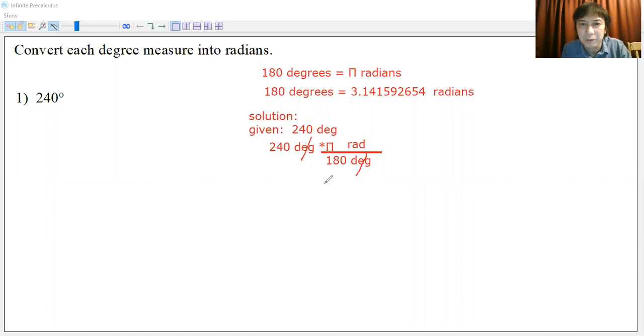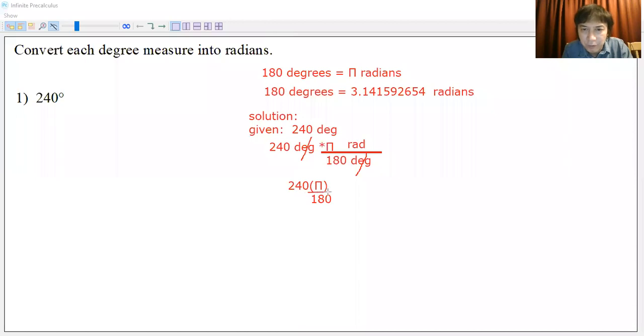This will now be equal to 240 times pi over 180, with the line for the fraction.